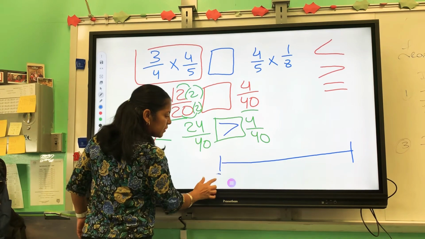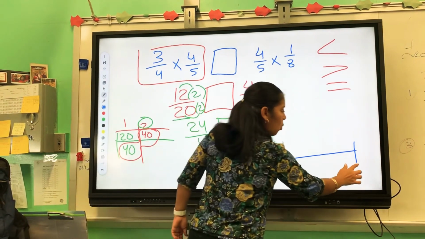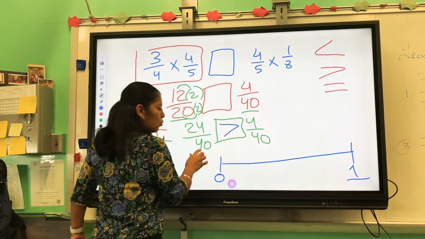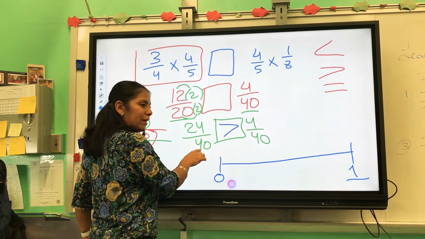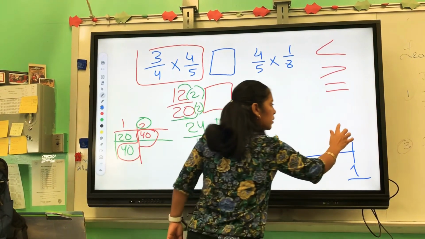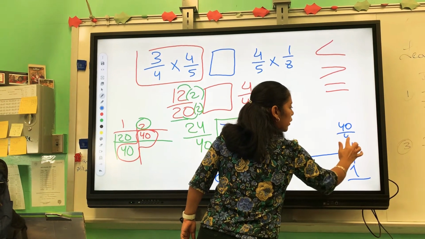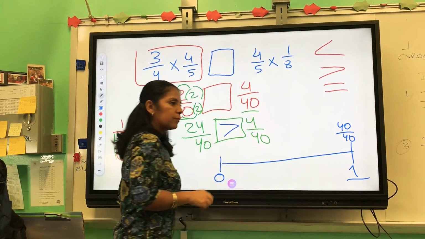I have this as a 0, and this will be a 1. I'm going to write the following. Denominator is 40. So 40 over 40 will give me equals to my 1.